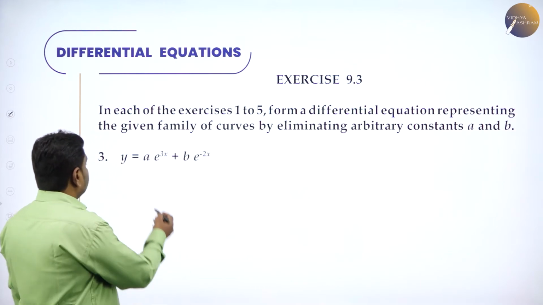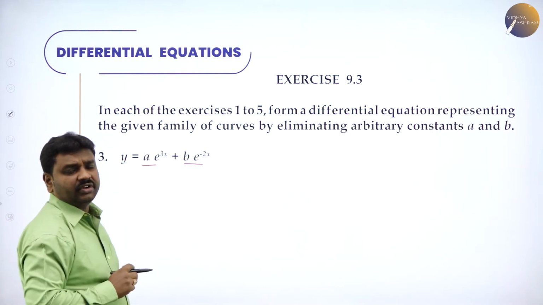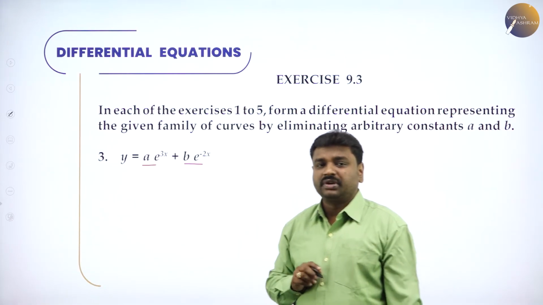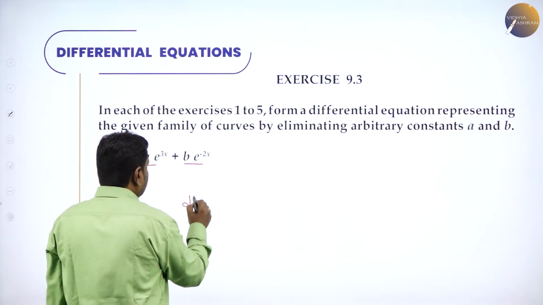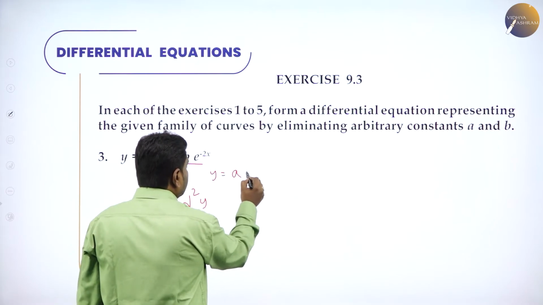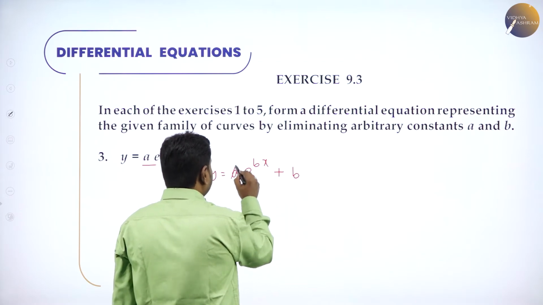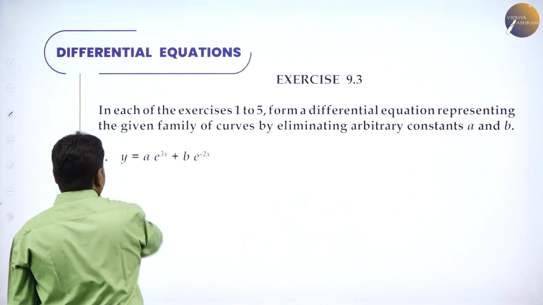Then a very important question, a e power 3x plus b e power minus 2x. It's a very critical question when you think. But I'll give one interesting shortcut which makes your process simple. That is d square y by dx square. So we have proved this: if the problem is in the form y is equal to a e power bx, otherwise we have to eliminate it. In your syllabus, whatever the problem is, I'll write that.